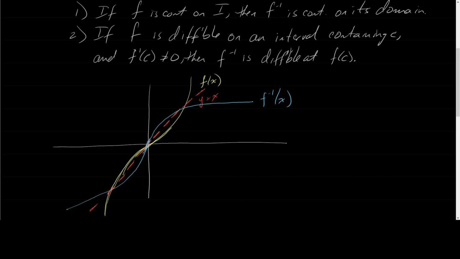What we're saying in this number 2, and I'll do this part in red, is that f is differentiable at some point. What does that really mean? Let's use a different color here, this purple. Let's say that this point right here is at c with the height of f of c.